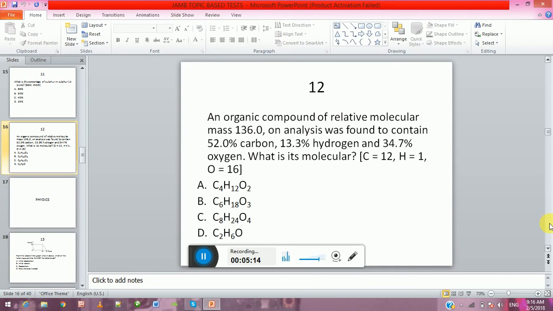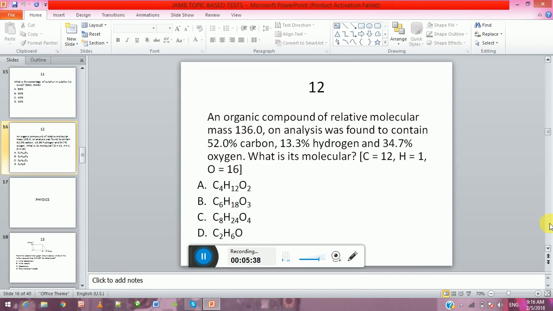An organic compound of relative molecular mass 136 on analysis was found to contain 52% carbon, 13.3% hydrogen, and 34.7% oxygen. What is the molecular formula?